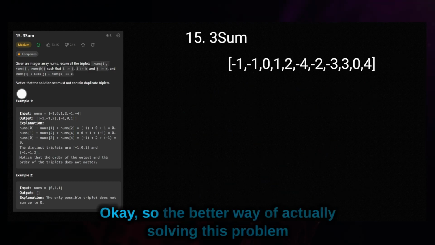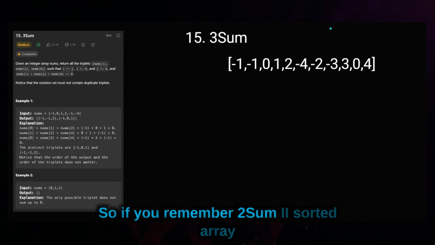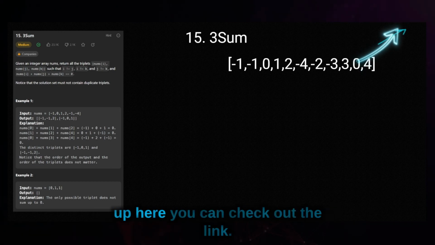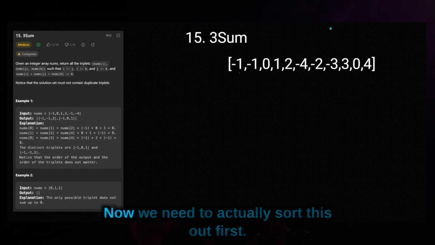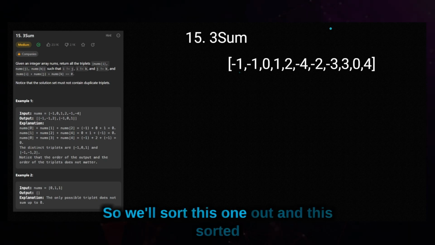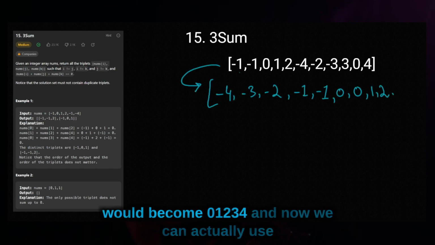The better way of solving this problem is to first sort this array. If you remember Two Sum with a sorted array, you can check out the link up here, but let's do it in a more optimized way now. We need to sort this first. So we'll sort this, and the sorted array would become -4, -3, -2, -1, -1, 0, 0, 1, 2, 3, 4.